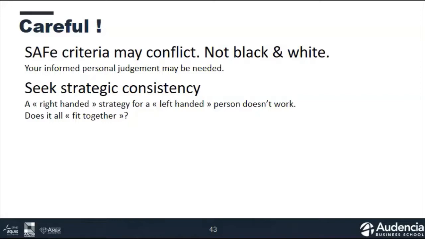So the people are there, the skills are there, but we may not be rewarding them to do what we want them to do. So feasibility kind of goes out the door. We've got the people, we've got the resources, but we don't have the systems in place to make it work. So seek strategic consistency. A right-handed strategy for a left-handed person just doesn't work. It all has to fit.